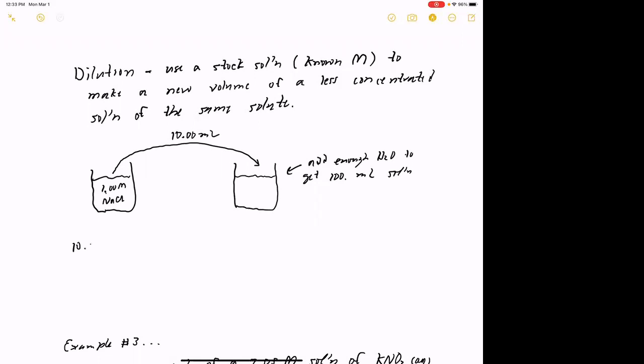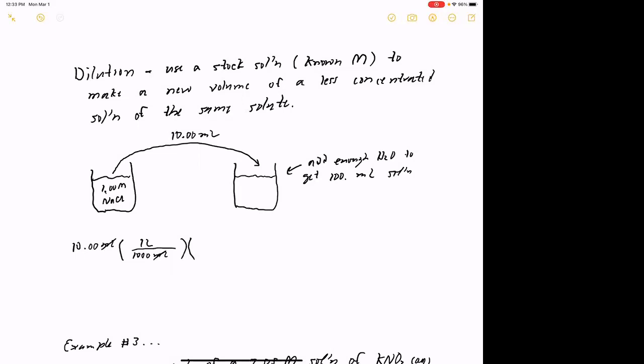So let's say I took my 10 milliliters. Let's go ahead and convert it to liters, because we're going to use molarity times volume to get to moles. So I know, for example, that in 1000 milliliters of the solution, I've got 1 liter. Okay, so mils cancel with mils. And now I want to multiply by the molarity.